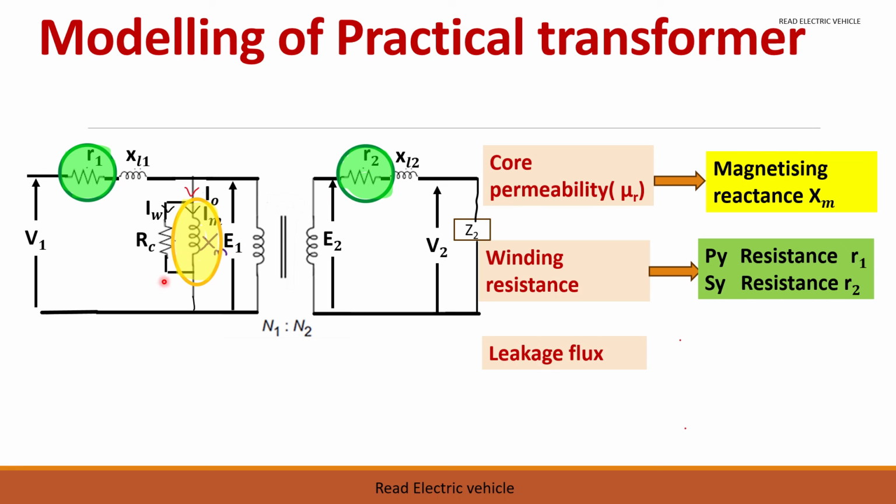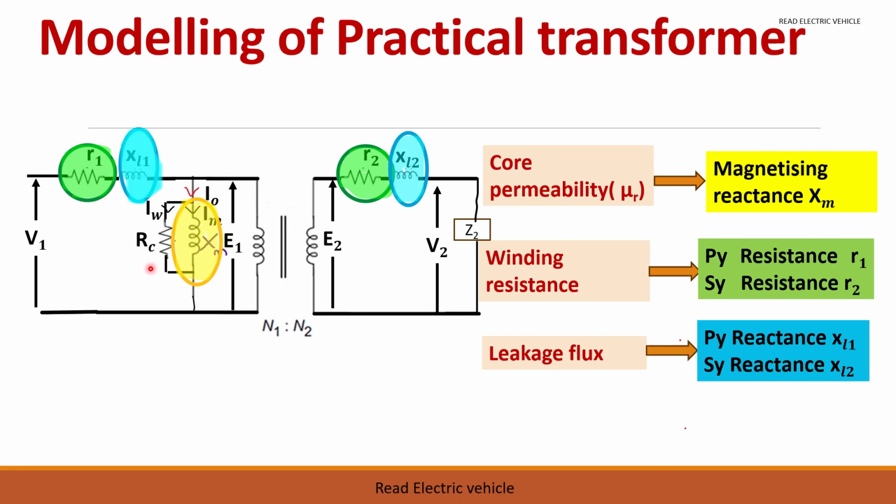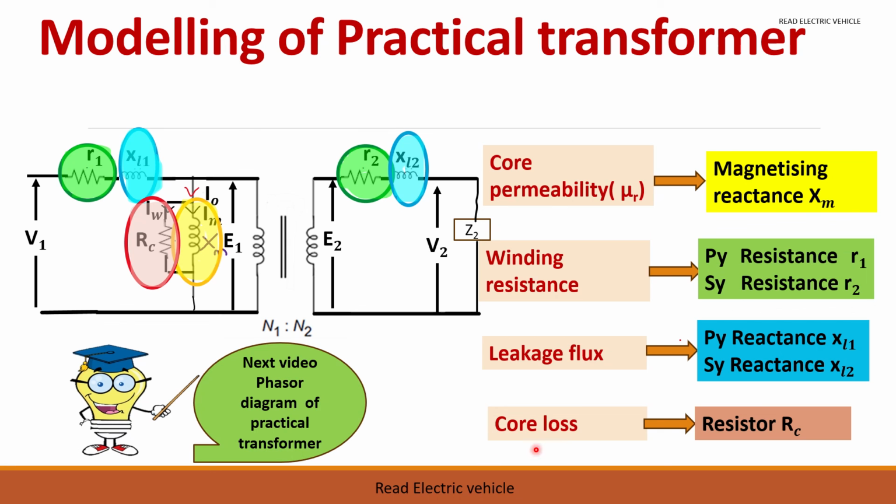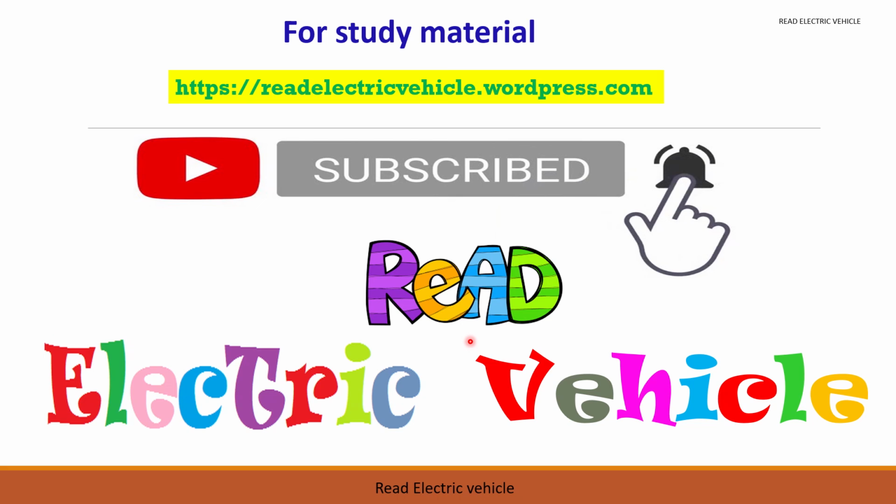Then to include the leakage flux, we have two reactances X1 and X2. Then to include the core loss, we have the resistor RC. So in the next video, we can see how to draw the phasor diagram for a practical transformer.